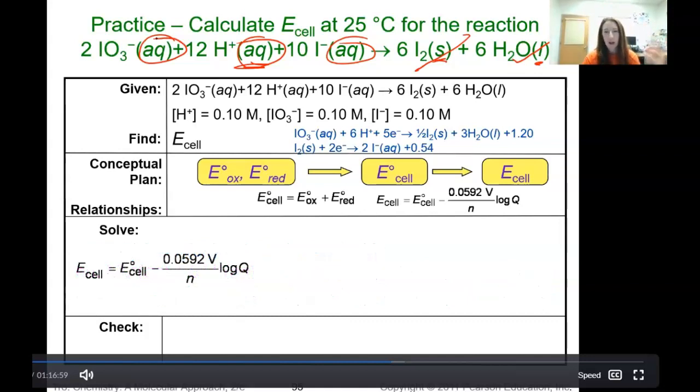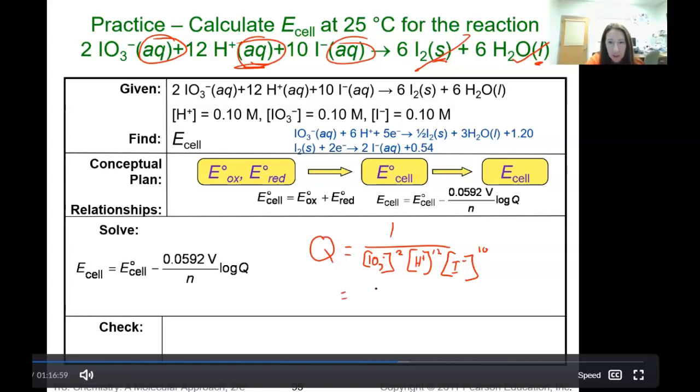Okay, so our E cell, we already done that like 6 times, and we already know our N, right? So I'm just gonna do the Q here because it looks really weird. Our products are none, so 1 over, because we have no products. And so we have IO3- squared, H+ to the 12th, I- to the 10th.